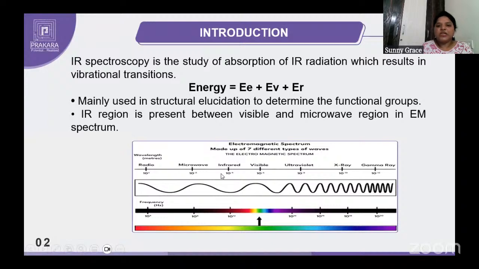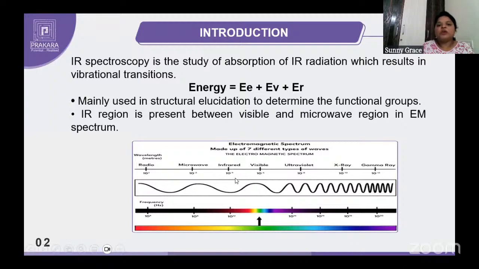From the EMR, that is electromagnetic radiations, infrared is the radiation which is going to interact with the atoms present in the molecules. So infrared spectroscopy deals with the atoms in the molecules, and it is also known as atomic spectroscopy.